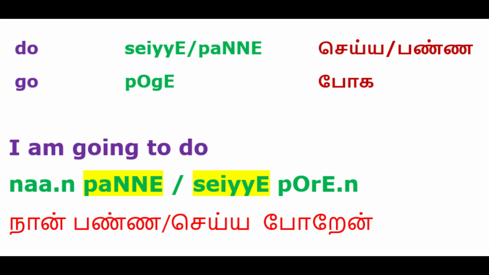I'm going to do. நான் பண்ண போறேன். நான் செய்ய போறேன். So பண்ண or செய்ய remains in its infinitive form. These are just for you to understand how useful the infinitive form of the verb is. I'm going to do. So பண்ண or செய்ய can be used interchangeably.